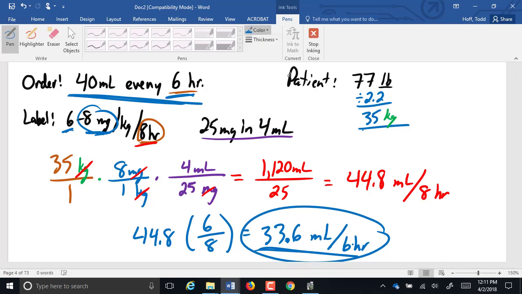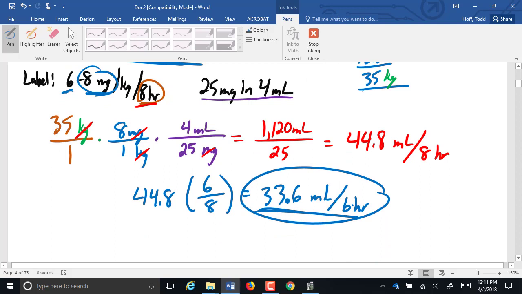We can complete this calculation to find the lower range using the 6 and 8 milligrams. The 6 and the 8 here were because of the change in hours, from 8 hours on the bottle to the 6 hours doctor's order. The 6 and 8 here are because minimum of 6 milligrams per kilogram, maximum of 8 milligrams per kilogram.